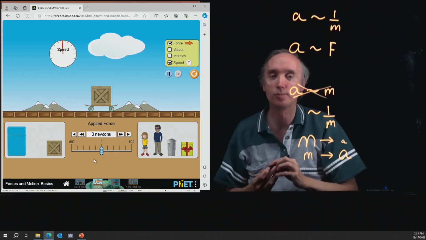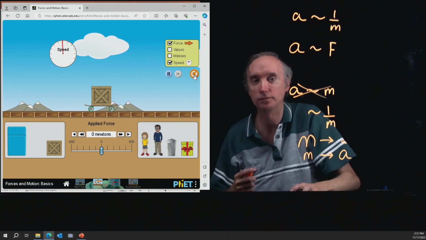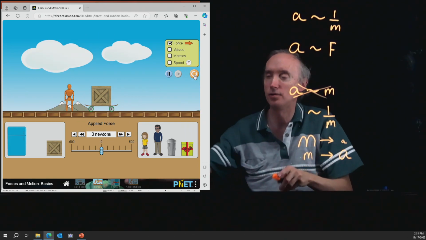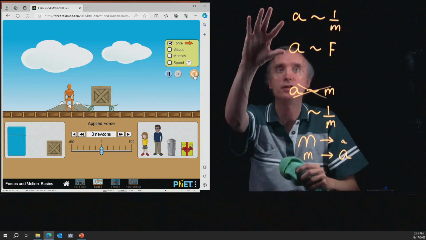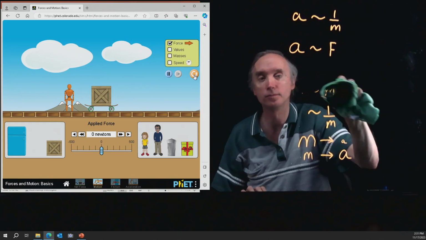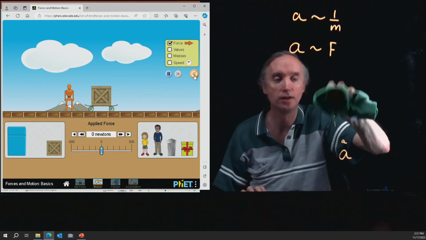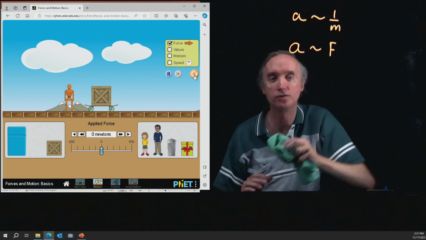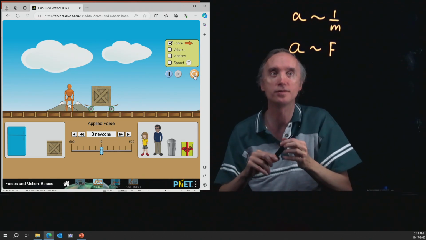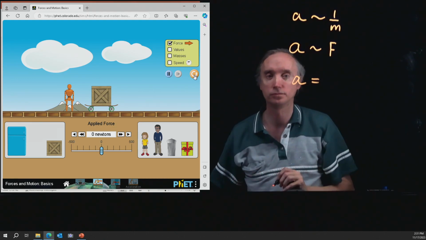Okay, we're making progress. You may not think so, but we're making some progress here. So now we want to take these two proportions and put them together. If we put them together, what do you get? We want to say A equals.